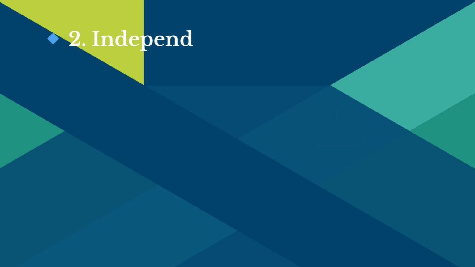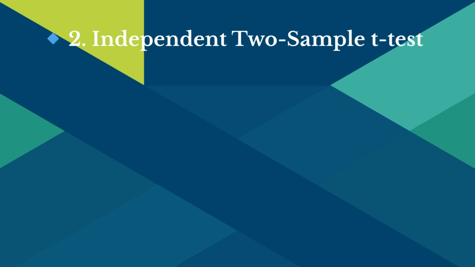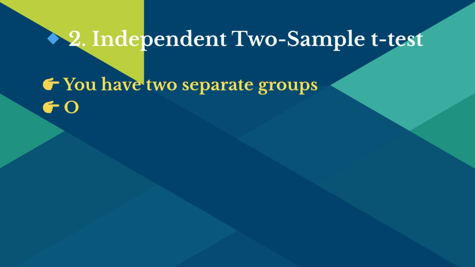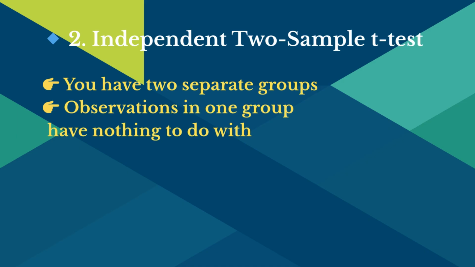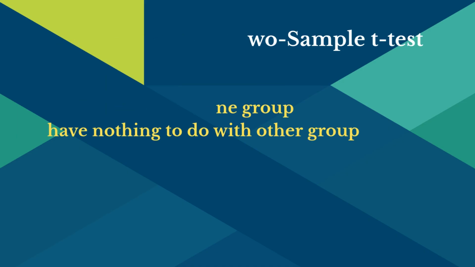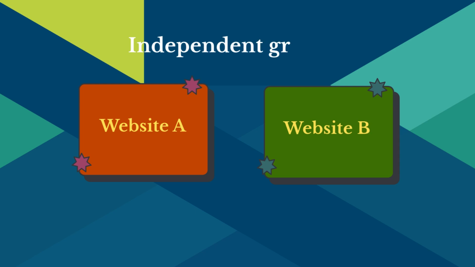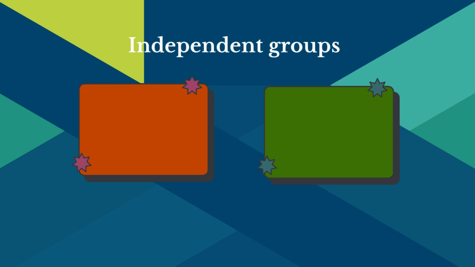Now, let's move to the most commonly used t-test, the independent two-sample t-test. An independent t-test is used when you have two separate groups and observations in one group have nothing to do with the other group. For example, website version A versus version B, teaching method A versus teaching method B, control group versus treatment group. Each observation belongs to only one group.